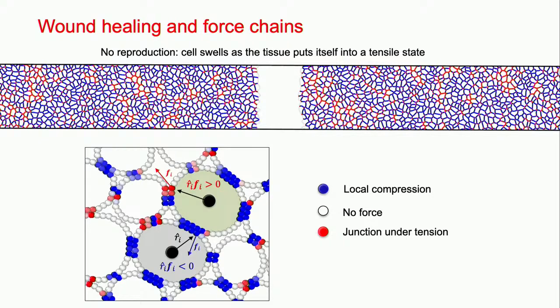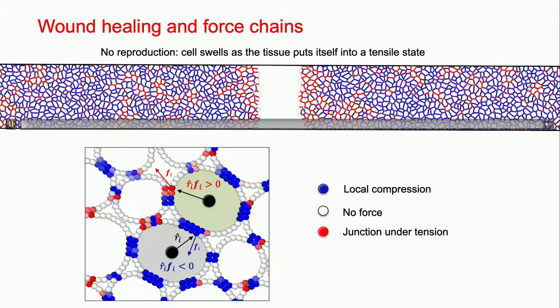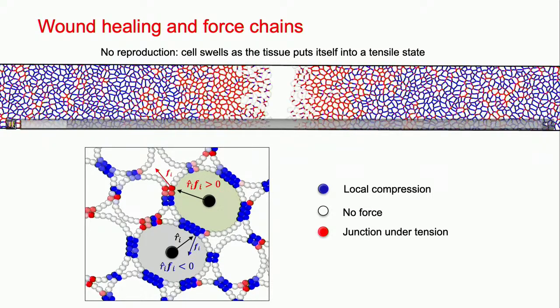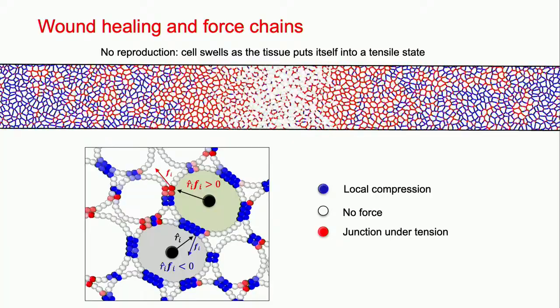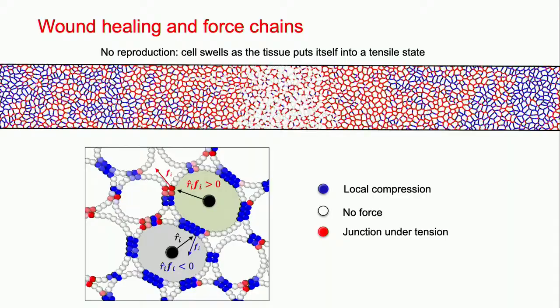And this is an animation of wound healing. It's a section of a very long channel, and there is no reproduction, so you're going to see wound healing only because the size of the particles is increasing a little bit. You start with a condition where you see red and blue, so essentially this is kind of zero pressure, with no tensile stresses. As time goes on, the cells on the boundary polarize toward the free space and drag the others.